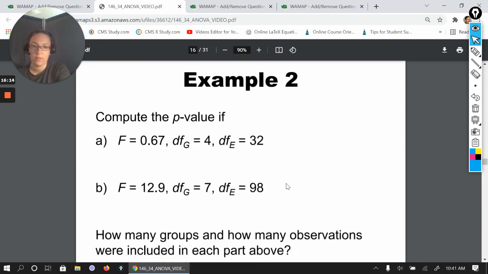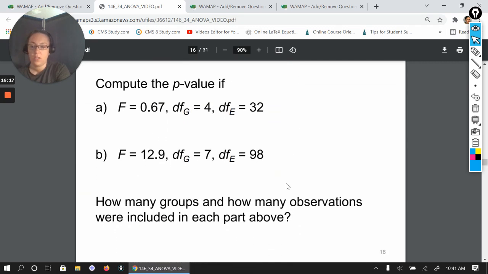So here's example 2. Compute the p-value if F is 0.67, degrees of freedom for the groups is 4, degrees of freedom for the error is 32.